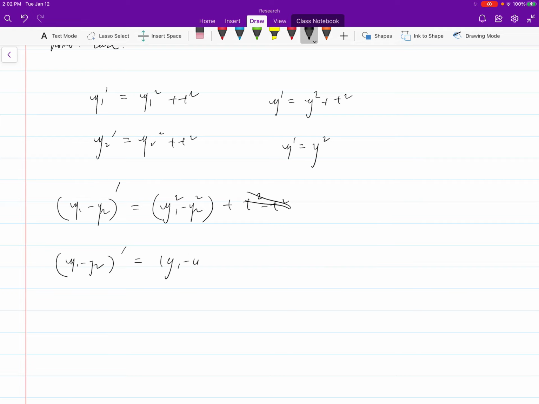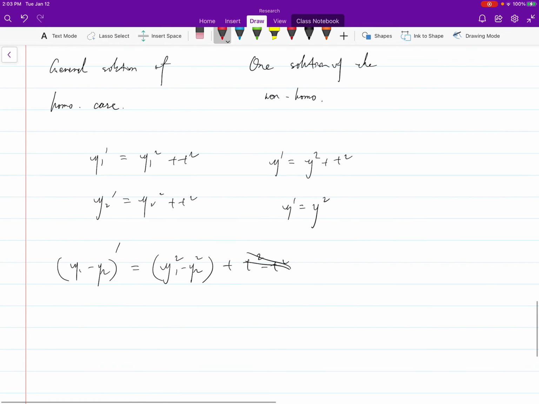In order for that to happen, you need this. But now you have a square, therefore you cannot have this. Okay, so not qualified for linear principle. Therefore, if you want to find the general solution of this one, you cannot find the homogeneous one first, and then plus a special solution. It won't work.